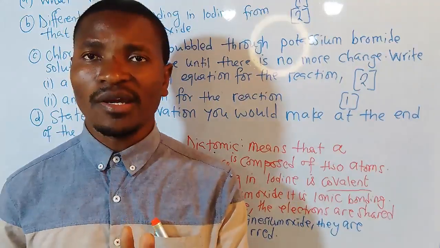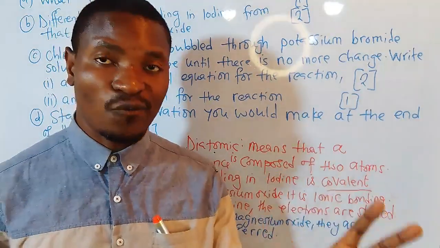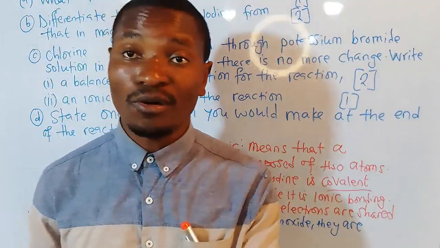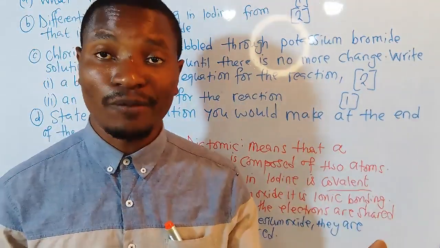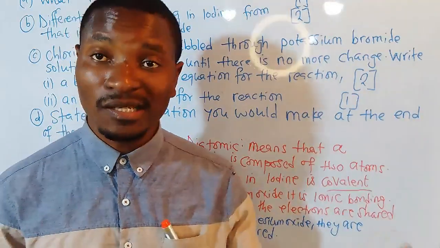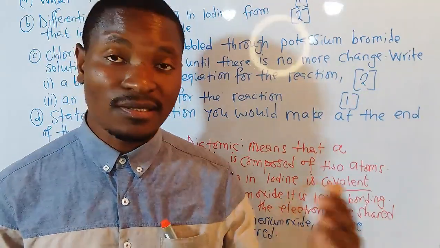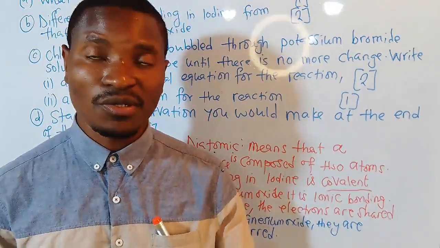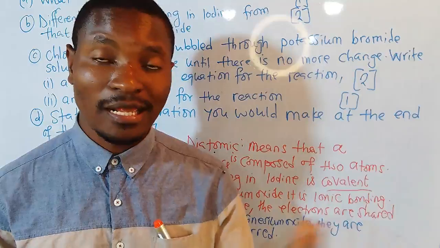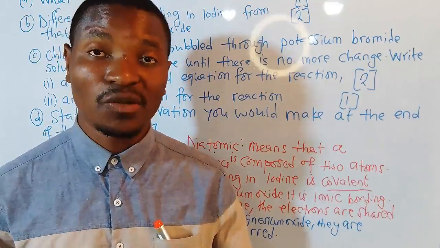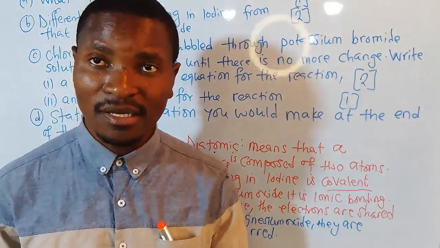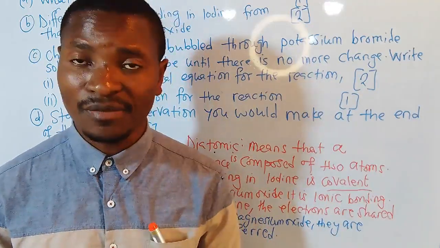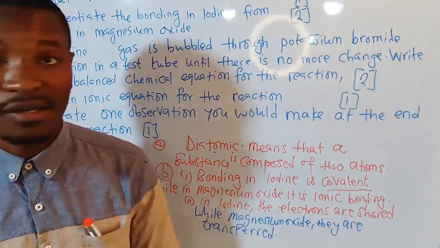When you're looking at the differences between compounds in terms of bonding, we first have to identify the bonding that occurs in that element or compound, as well as what exactly happens in either the diatomic substance, which is iodine, or magnesium oxide, which is ionic bonding. So make sure that we do understand that.